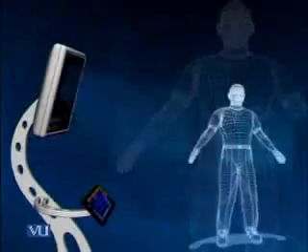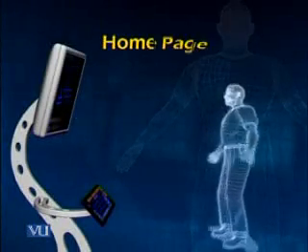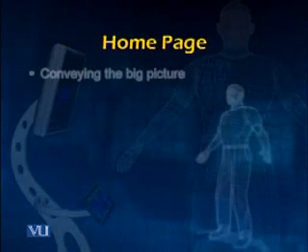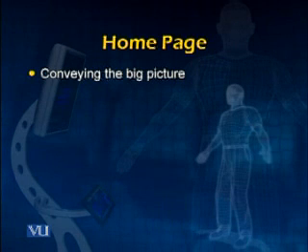And also, the home page has a slightly different purpose than all the other pages. So let's take a look at some of the elements and some of the characteristics that a home page should exhibit. A home page should convey the big picture.